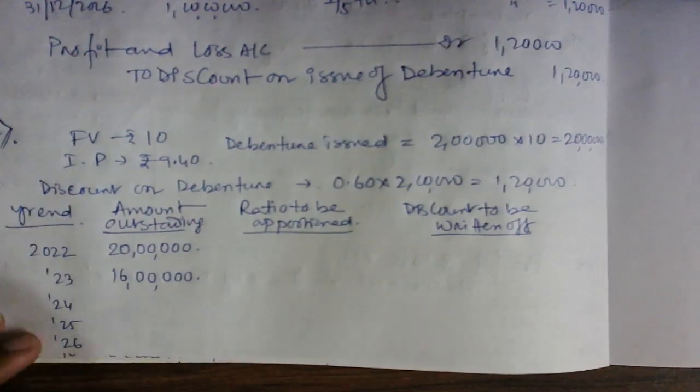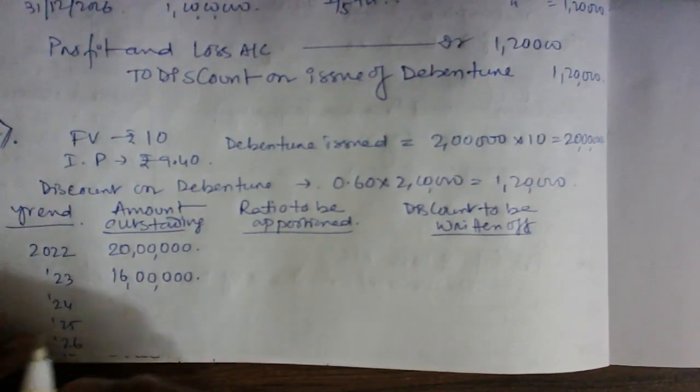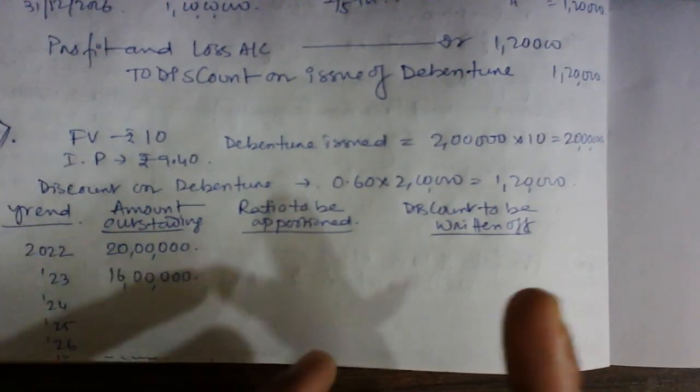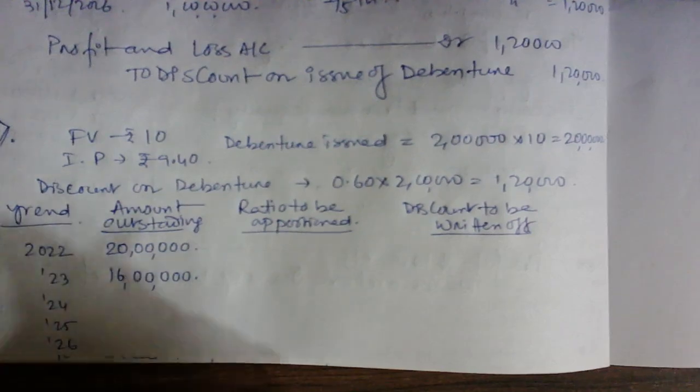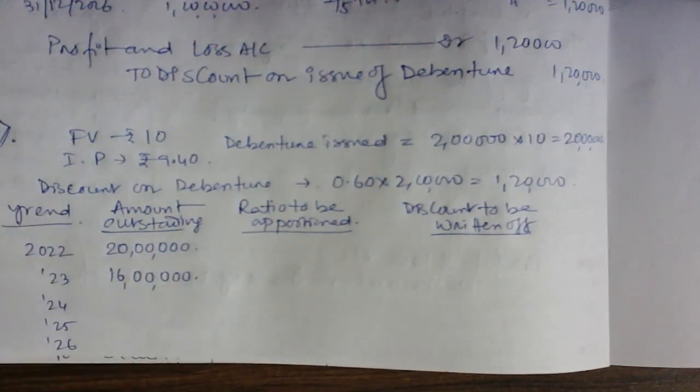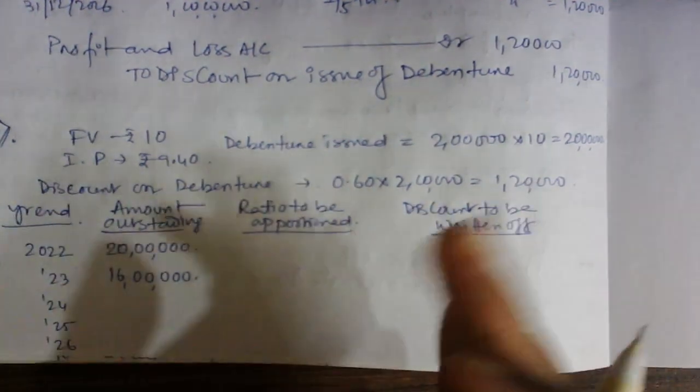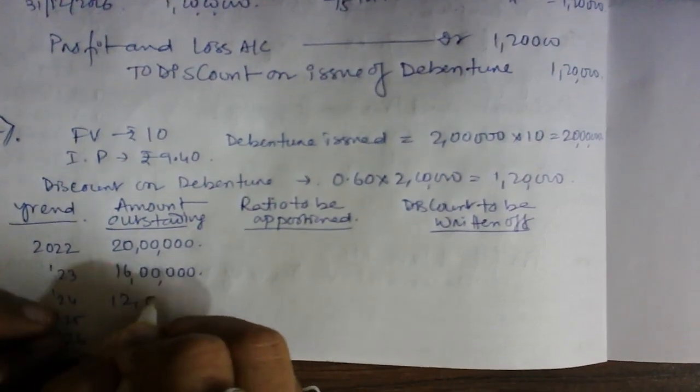Correct? And again when 23 ends you have repaid 1/5 more, then your amount of debenture is reduced to 12 lakh rupees, and it is nothing but the stay from beginning of 24 till the end of 24, so it means 12 lakh rupees.